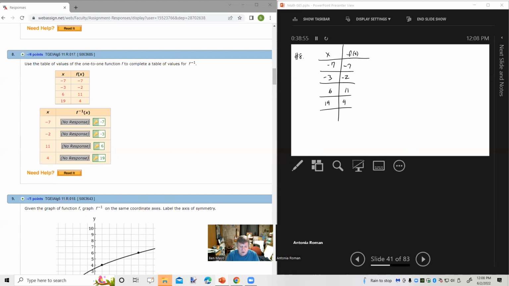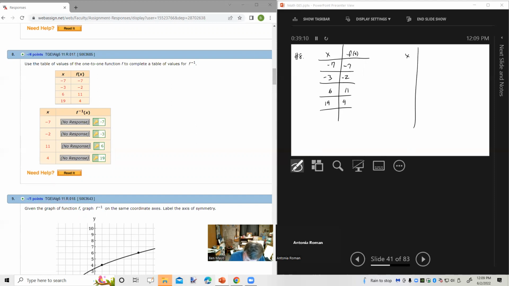Its inverse function also has domain and range, but the domain of the original function is the range of the inverse, and the range of the original is the domain of the inverse.